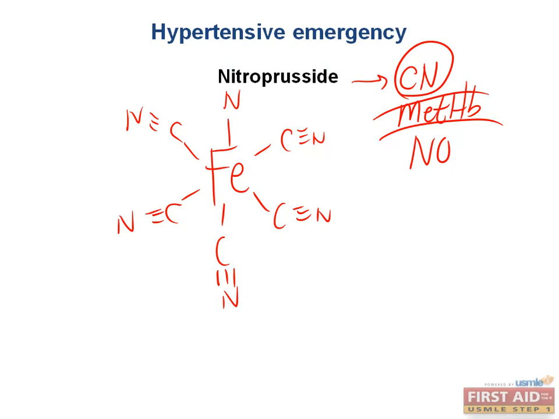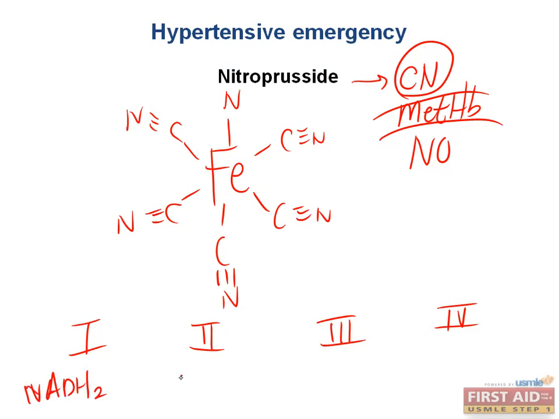So cyanide is an inhibitor of which part of the electron transport chain? Remember, the electron transport chain has a bunch of complexes lined up in a row on the mitochondrial membrane. Particularly, the components are facing the matrix, and there are special delivery of electrons via NADH2 and FADH2 to complex 1 and complex 2 respectively.